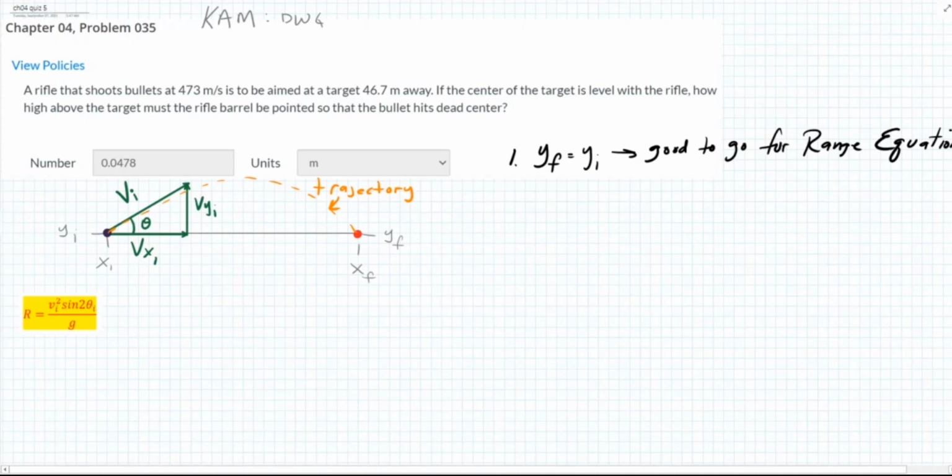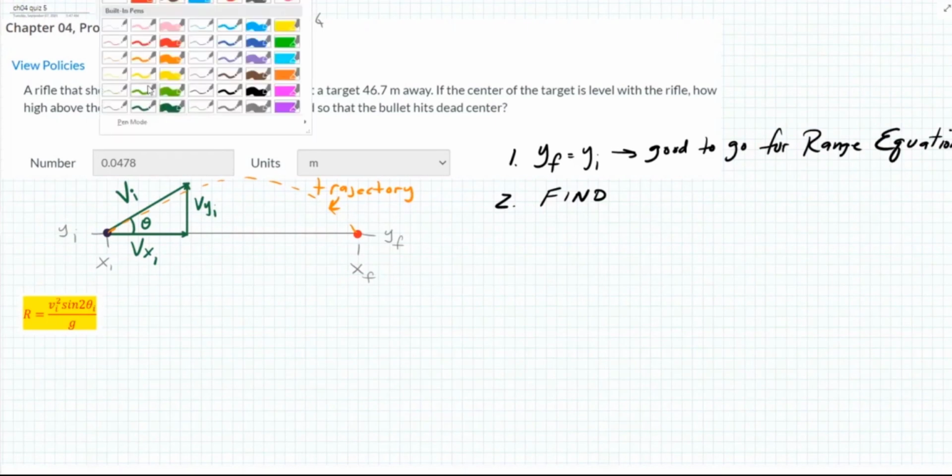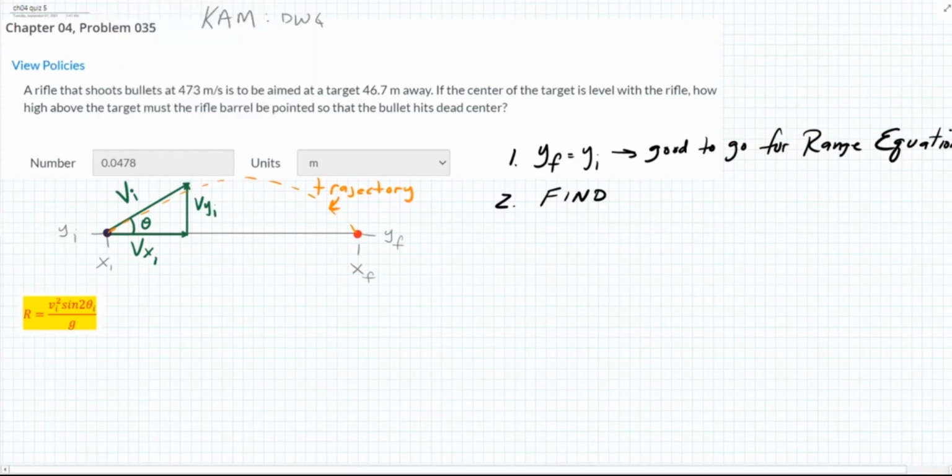All right, so I'm going to find theta, number 2. If I can find theta, then I can use trig to find out the point I'm aiming at. I better indicate that here. It says how high above the target. So here's my aim point. I am aiming my projectile at this point, right about there.